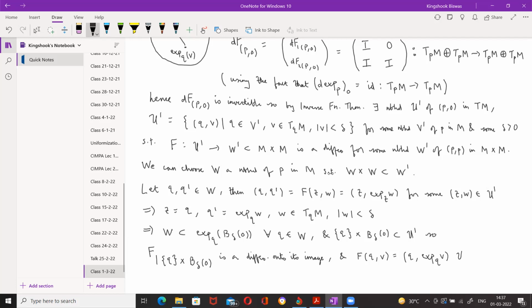Thus, x_Q restricted to B_delta(0) is a diffeomorphism onto its image. Is this clear? Okay, so that finishes the proof.